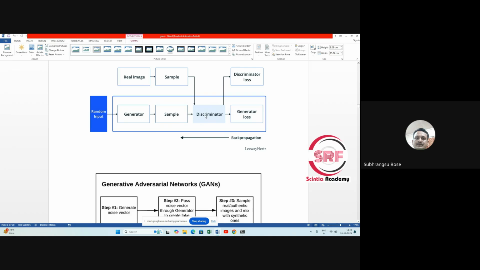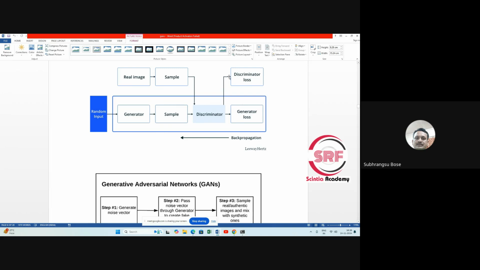What is discriminator training? When the discriminator fails to predict an actual real image, that is called discriminator loss.